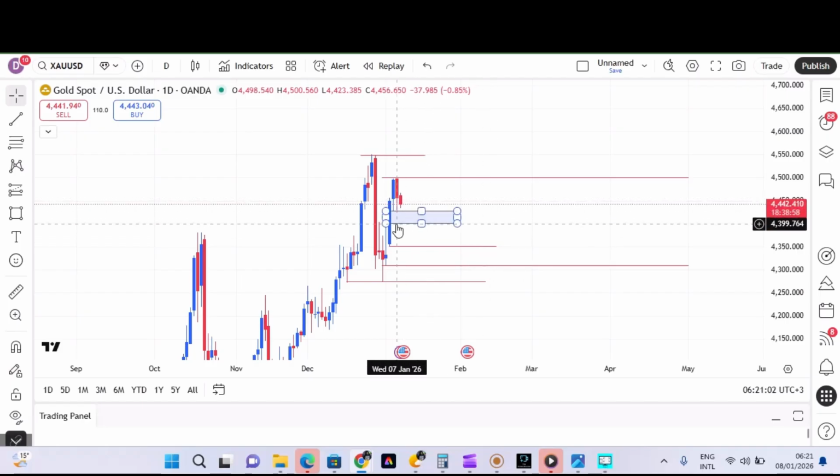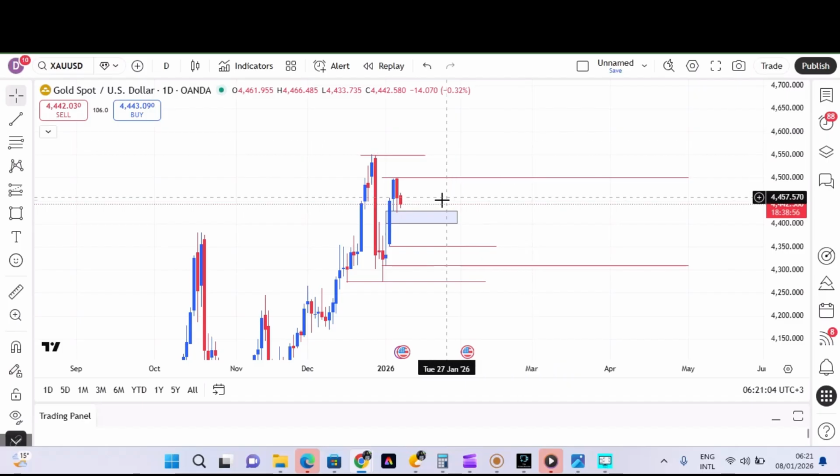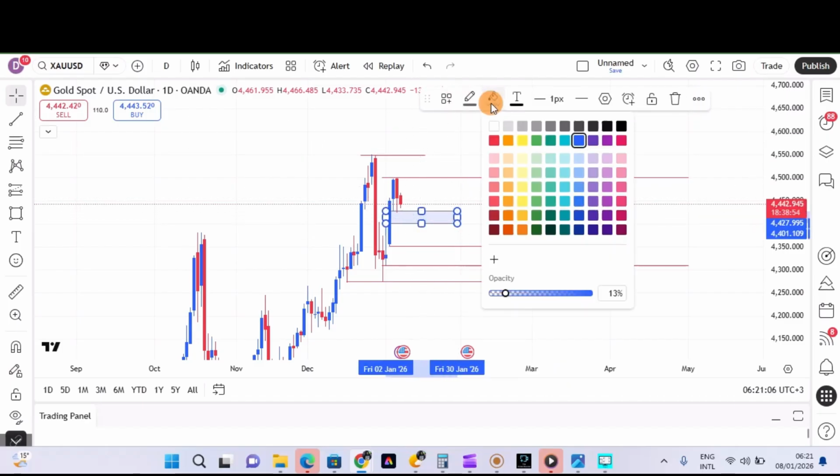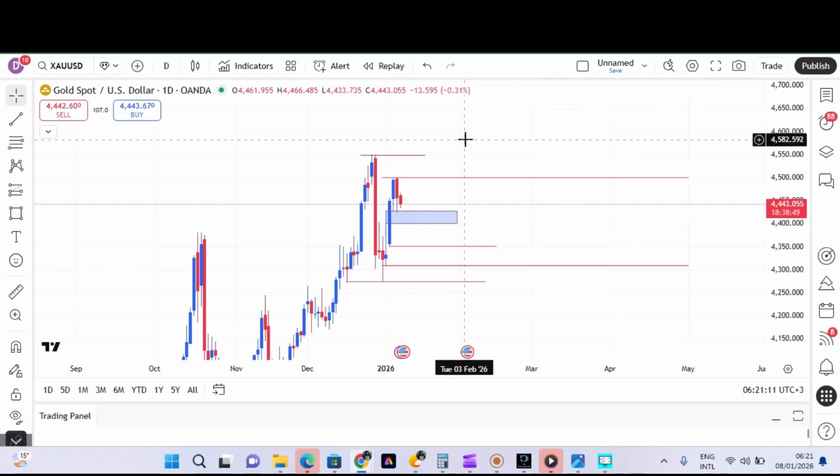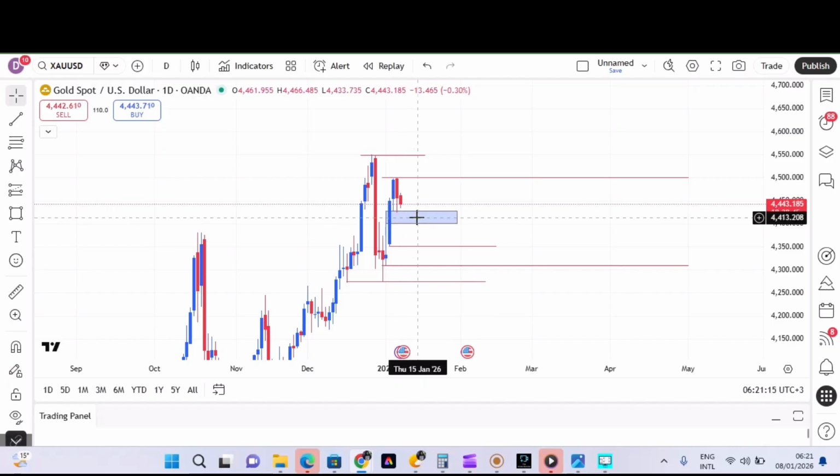So should we say this is a high probability fair value gap, because the market is indicating respect? Fair value gaps are liquidity zones, zones of imbalance. The market came and tapped into this fair value gap and retraced back to 56.